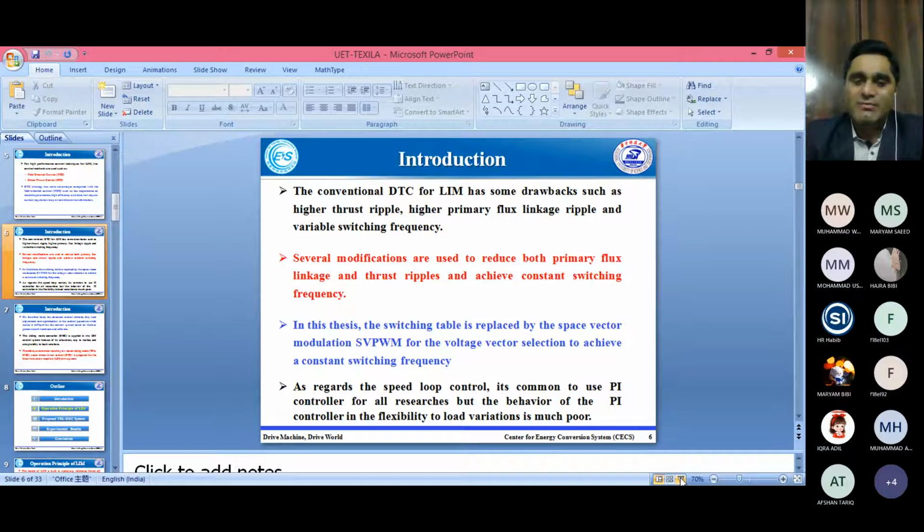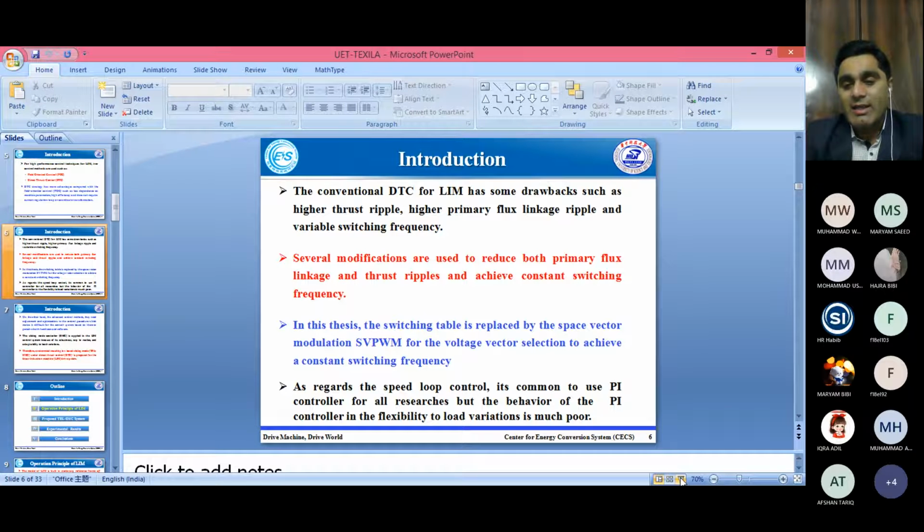As regards the speed loop control, it's common to use a PI controller in all research, but the behavior of the PI controller under load variation is much poorer. As everyone knows, for the speed control, when we talk about a drive system, it may be a PMSM drive system, a linear induction machine drive system, an induction machine drive system, or any other motor. So we need some controllers to control the speed, the voltage, and the current.